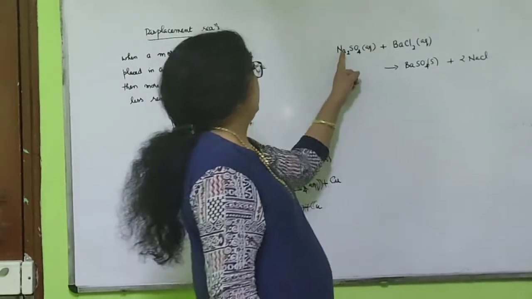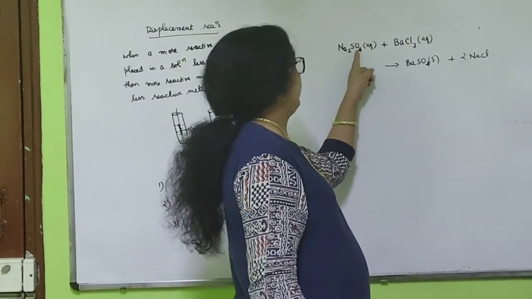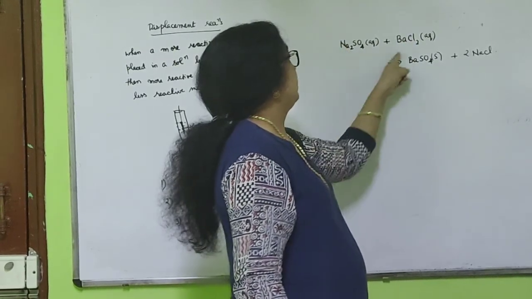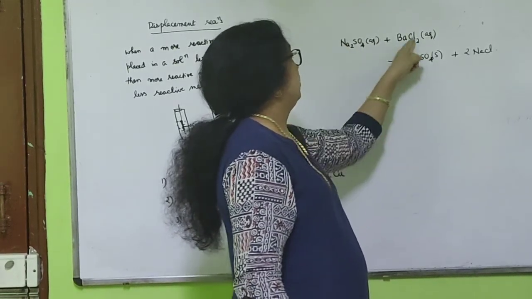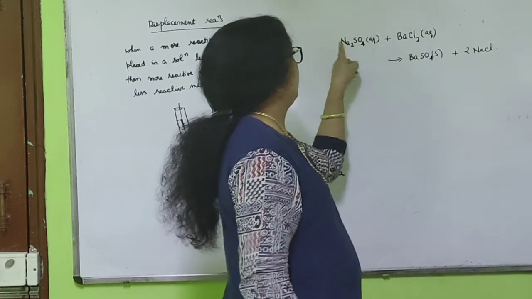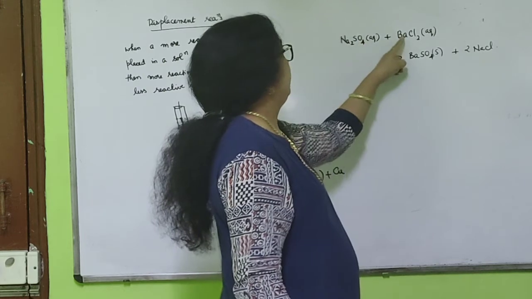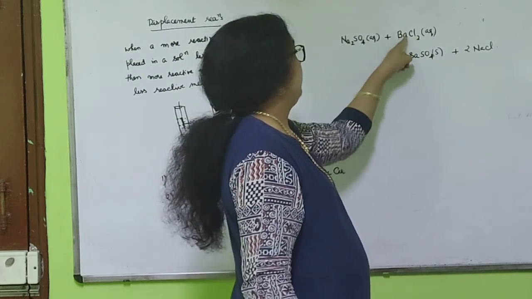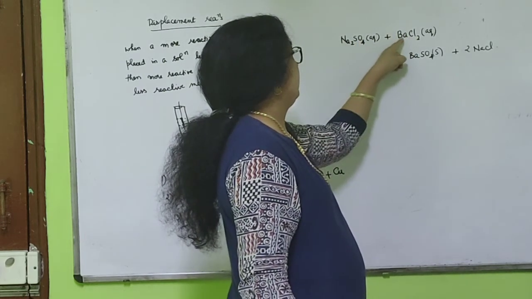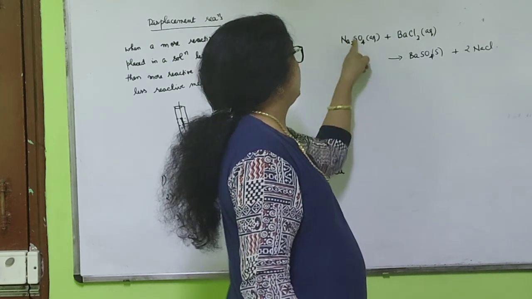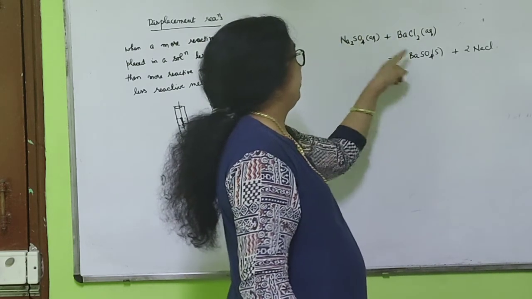Look here, with the sodium it was sulfate, and with barium it was chlorine. Now the chlorine from barium chloride goes with the sodium, and the barium goes with the sulfate, so barium sulfate.